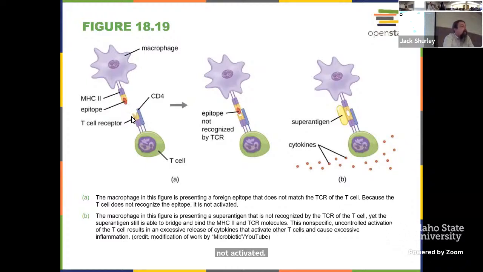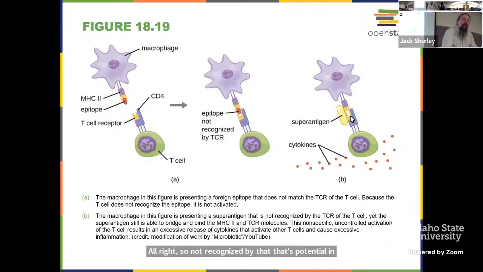The little bit in this antigen binding site doesn't match over here, all right? And that's what we're seeing here, all right? So not recognized by that, in this case, a potential issue, all right? So next door, forget about this first bit, we're not recognizing like this and stimulating.